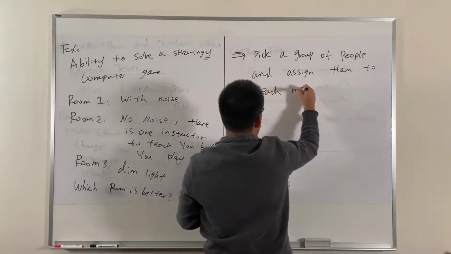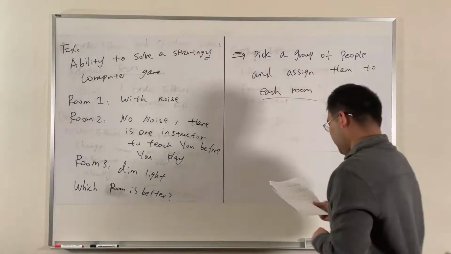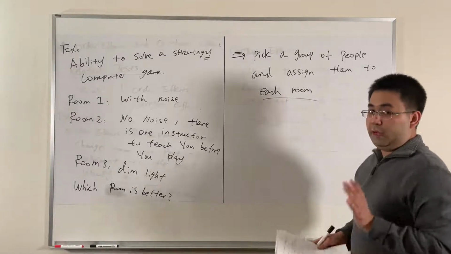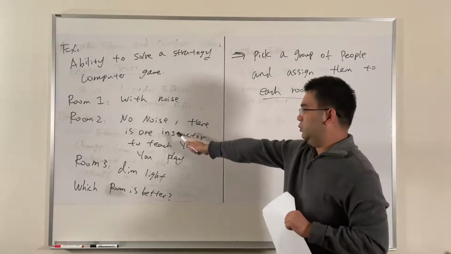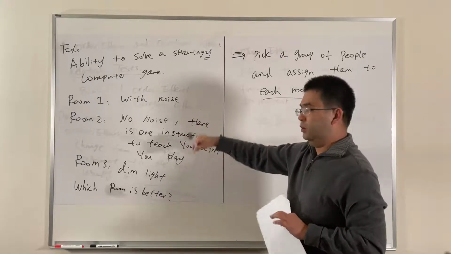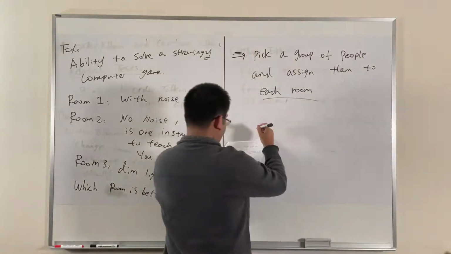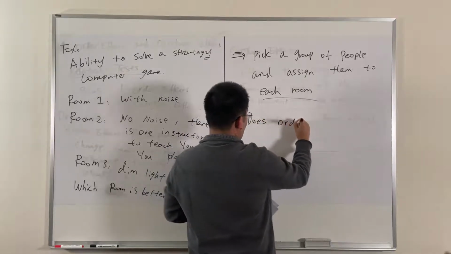And now the question is, does order matter? Are you going to assign them to room 2 first, room 1, or room 3? Which one first, which one second, and which one last?